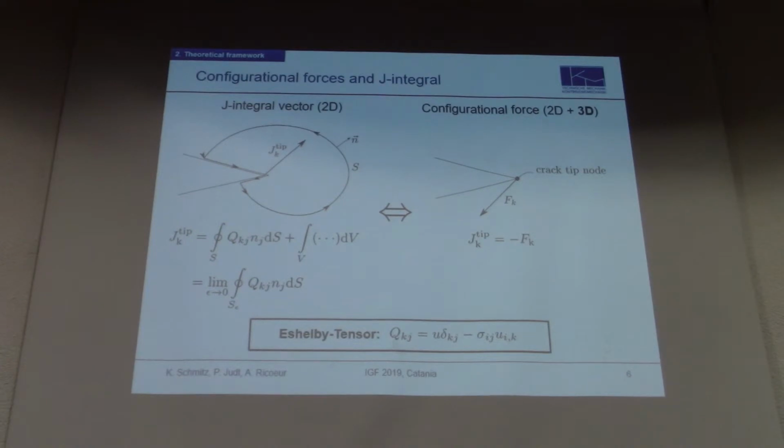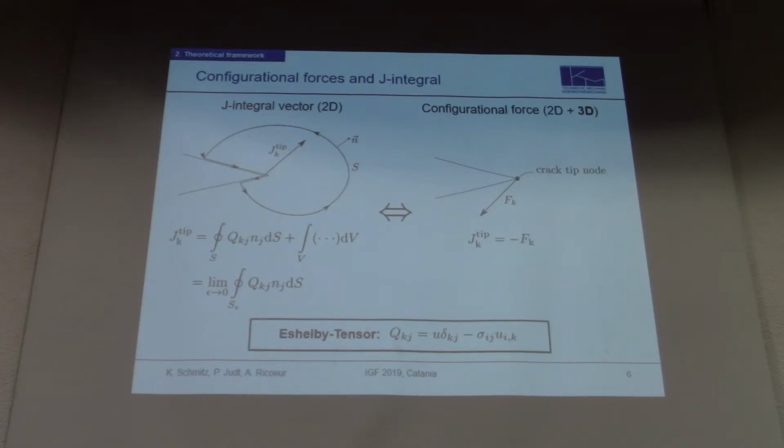Therefore, we need J integral vectors that we have to calculate for our boundary value problems. And normally, in the two-dimensional cases, they are calculated from this contour evaluation, where you calculate this integral, which consists of the Eshelby tensor and the outward normal vector to the contour, and some terms regarding body forces.